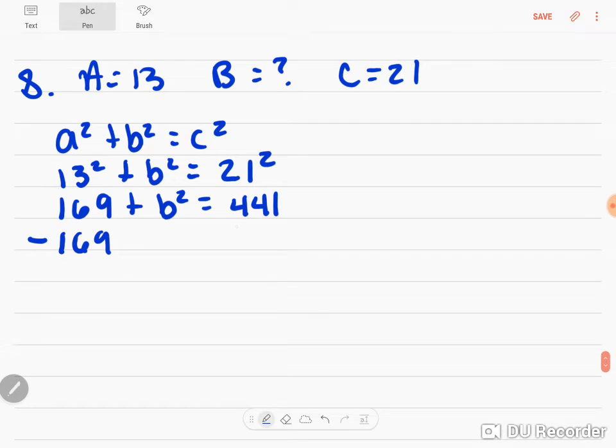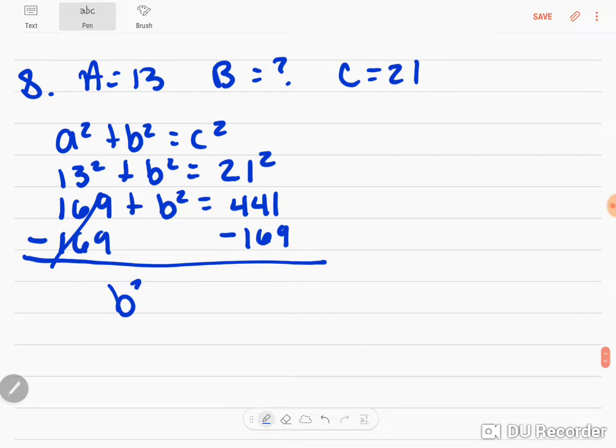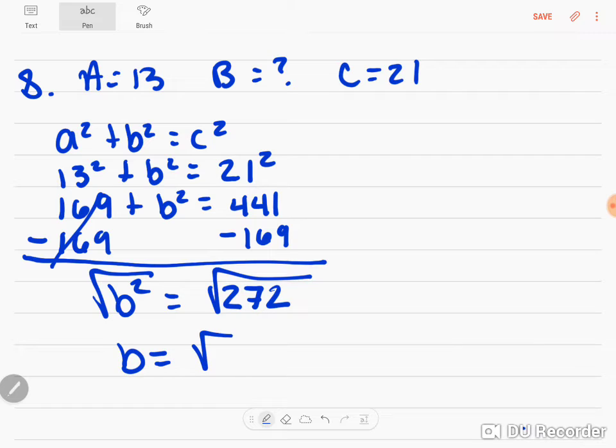Subtract 169 from both sides. B squared is equal to 272. And then we need to take the square root of both sides. B is equal to the square root of 272.